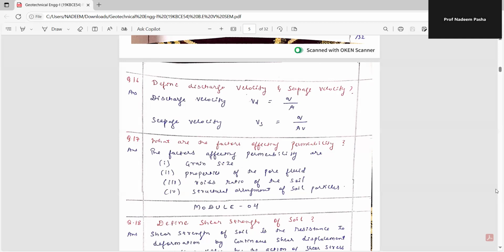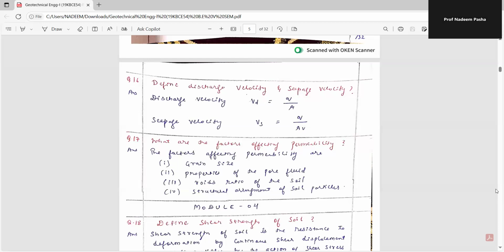What are the factors affecting permeability? The factors affecting permeability are grain size. Number two, properties of the pore fluid.